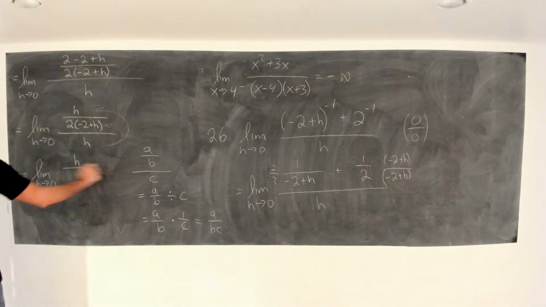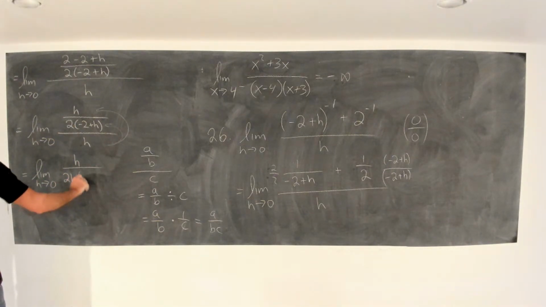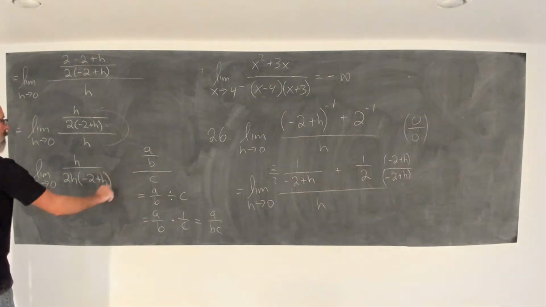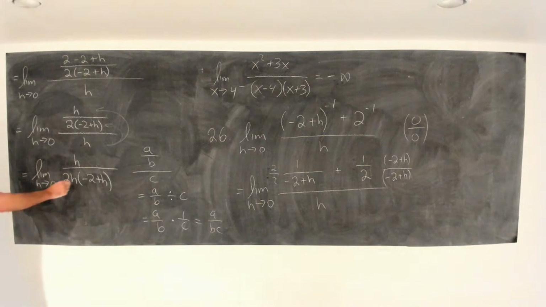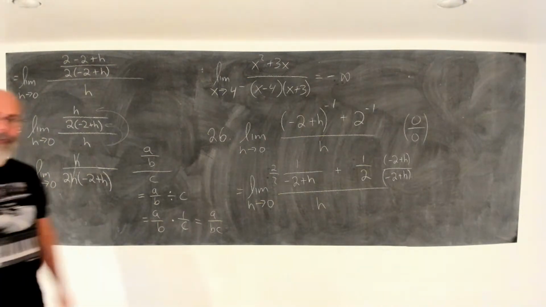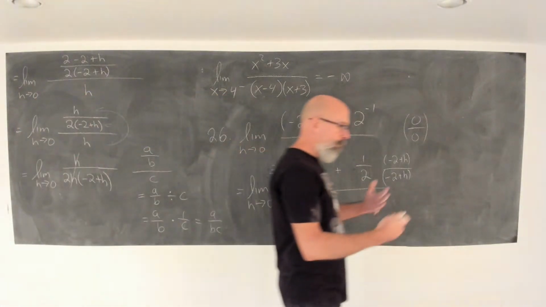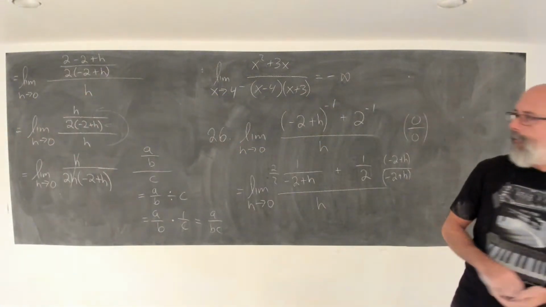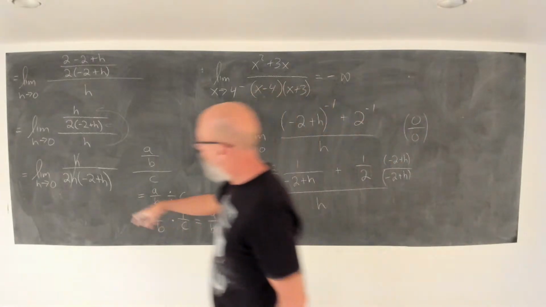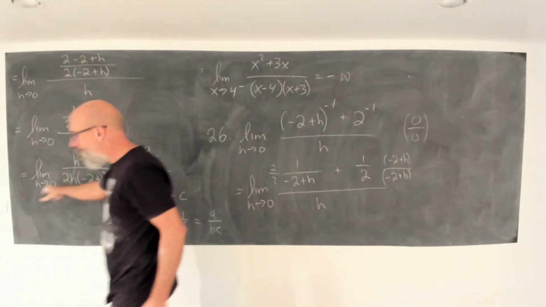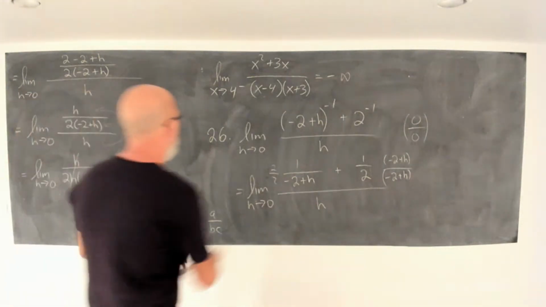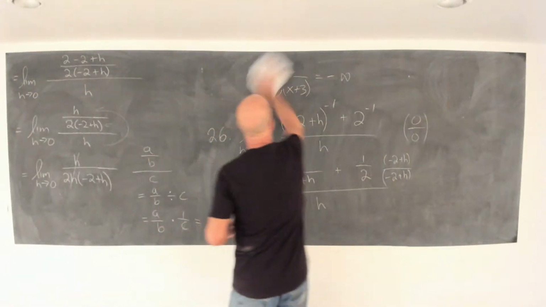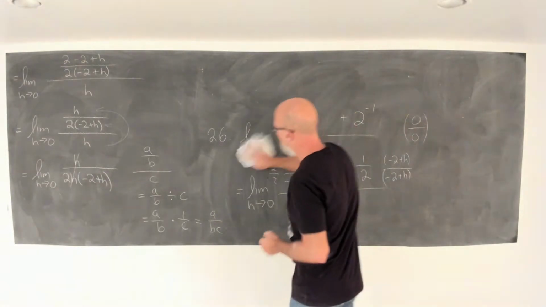So this becomes h over 2h times minus 2 plus h. And now you can cancel the h over h. We're looking for the limit as h goes to 0. We're looking for the behavior of this as h goes to 0. It never actually reaches 0. So again, those of you who may be worried that you're canceling a 0 over 0, you're not.